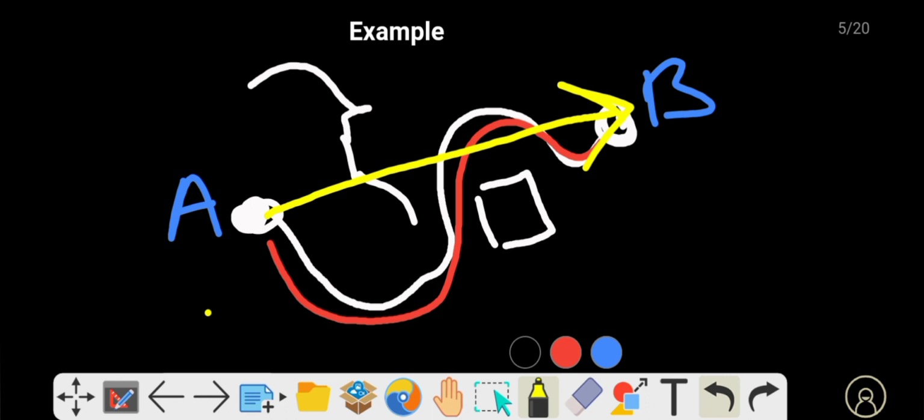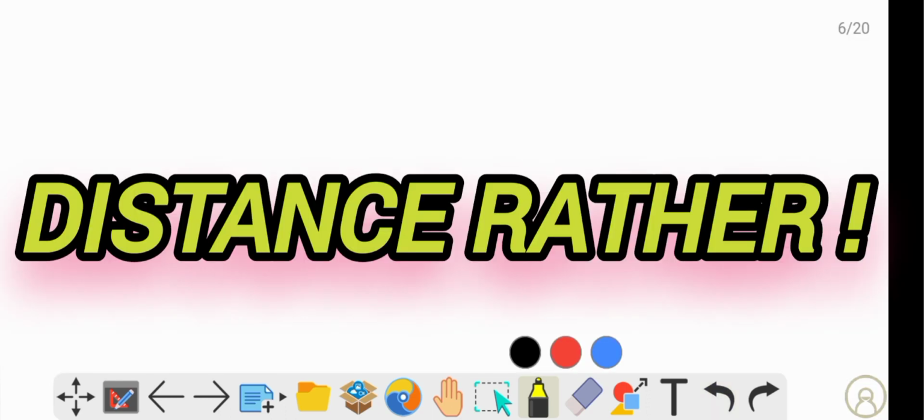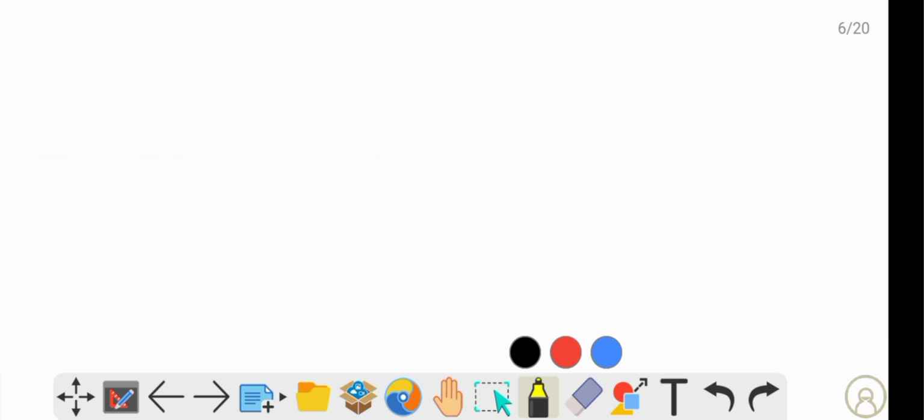If you check this clearly, you're going to find that distance is simply each and every length covered, without considering the direction. But if we are talking about displacement, we've got to consider the direction.